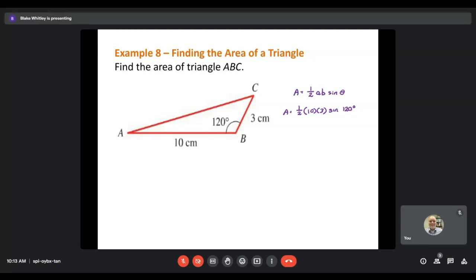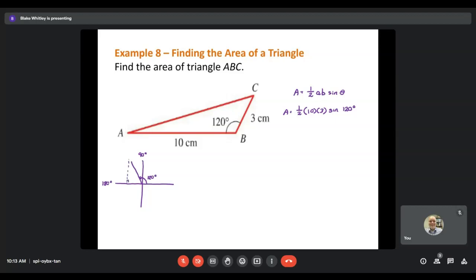Now, I do want to try to find this as an exact value, so I want to think about the sine of 120. We think about that, it's going to be somewhere between 90 and 180. In this case, it's actually closer to 90. So here's my 120 degree angle.